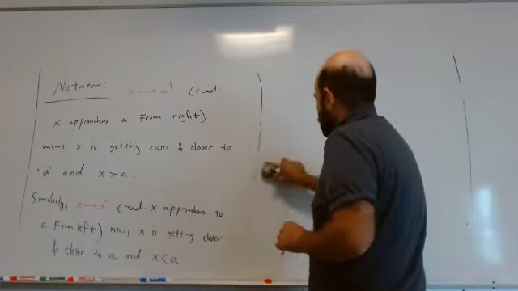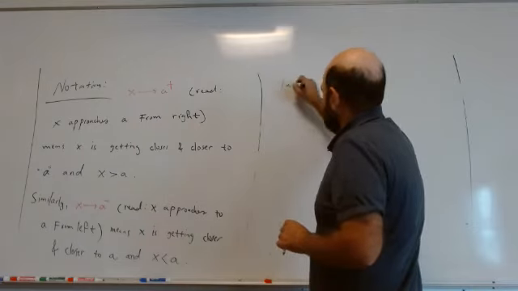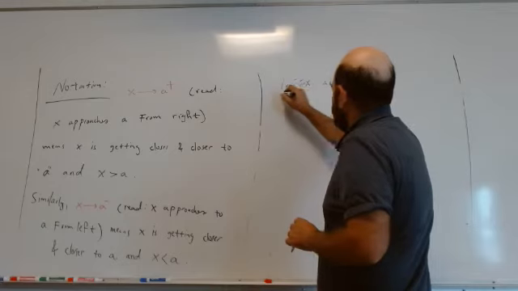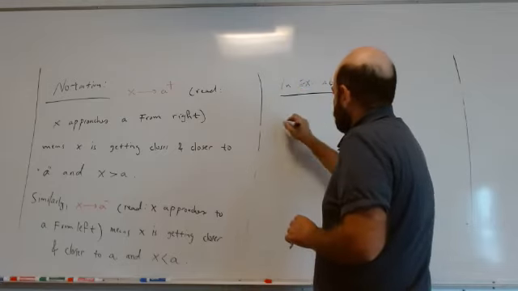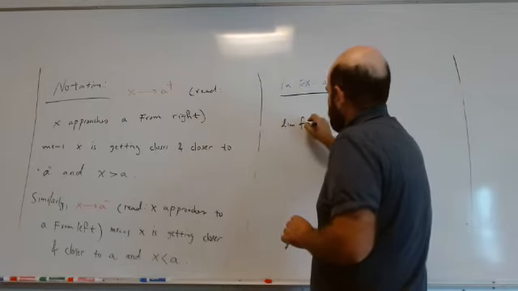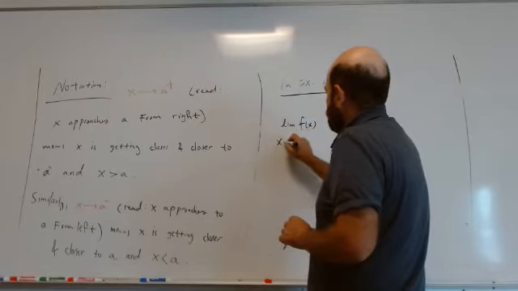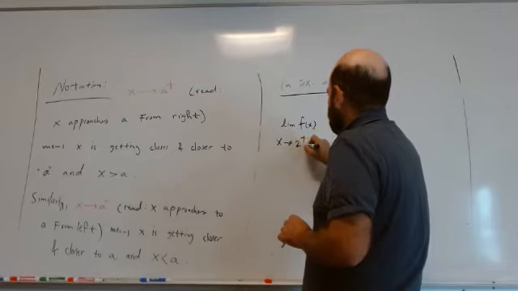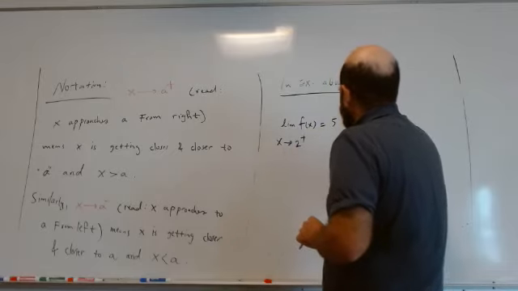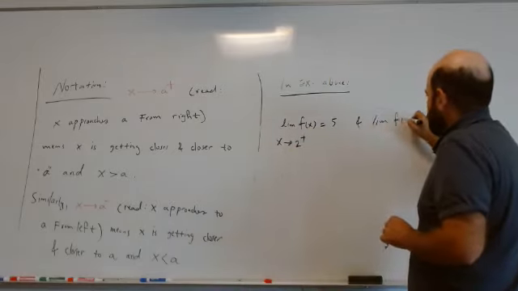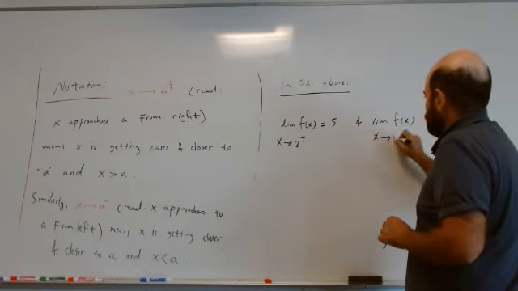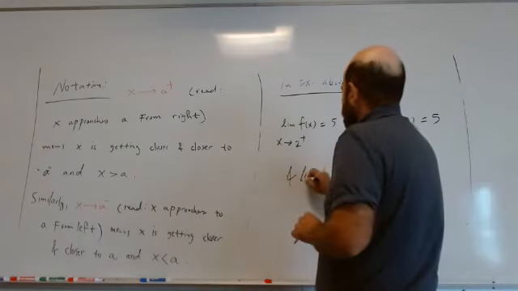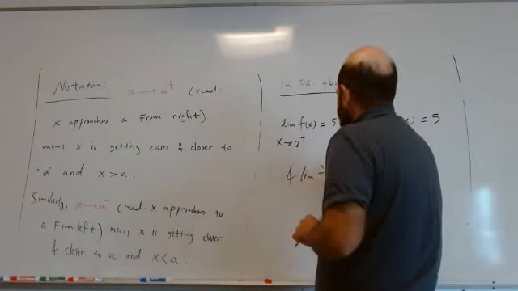So in this example above, we can say that the limit of f of x as x approaches 2 from right was 5, and the limit of f of x as x approaches 2 from left was also 5, and the whole limit was also 5.